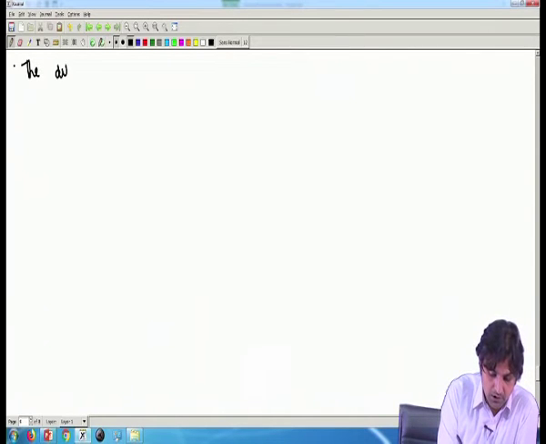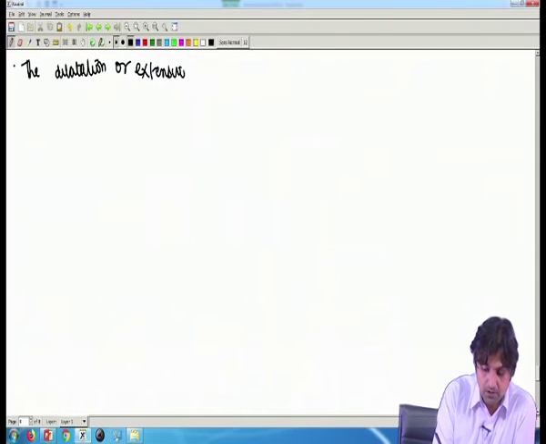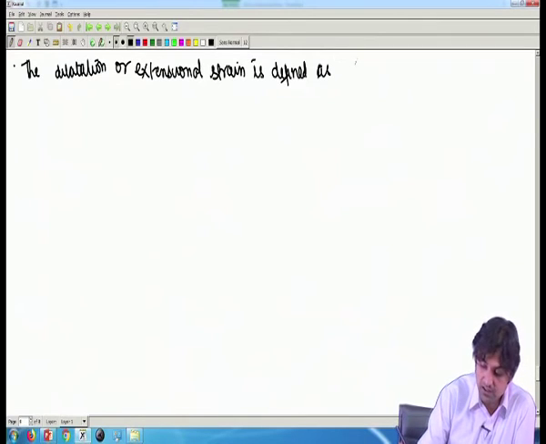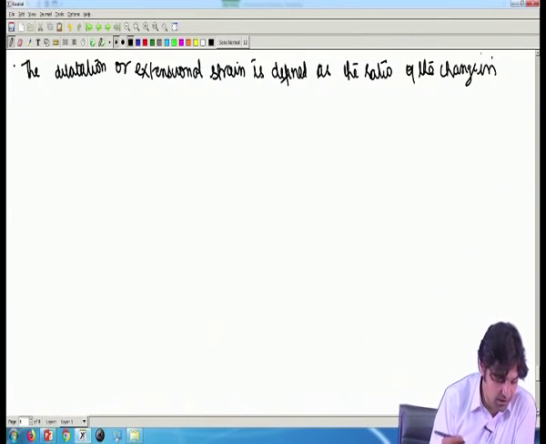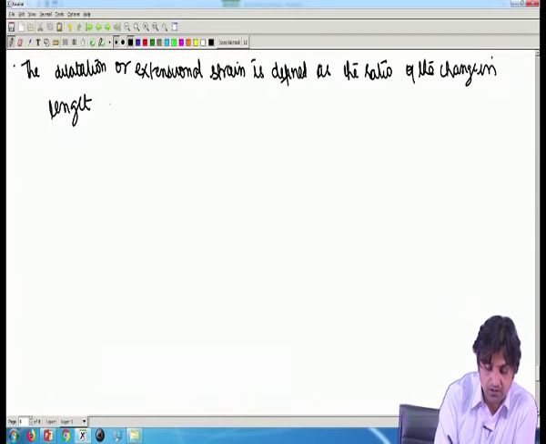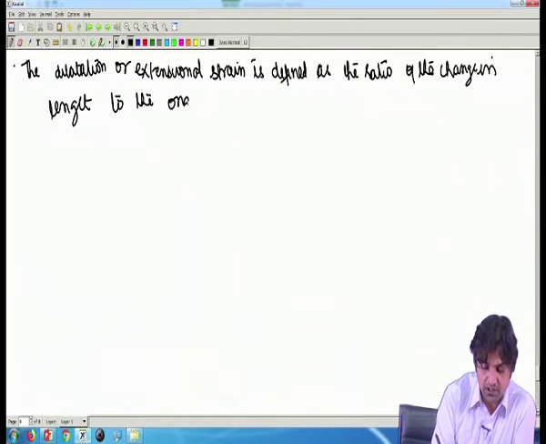So the dilatation or extensional strain is defined as the rate of the change in length to the original length, right.